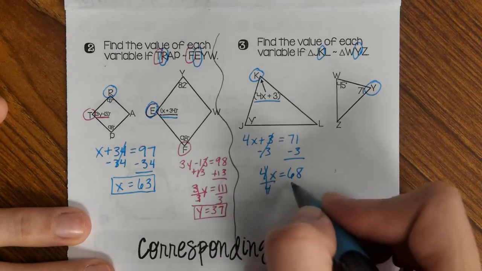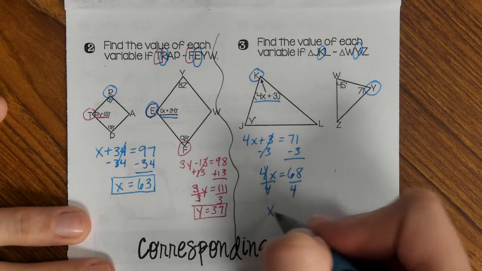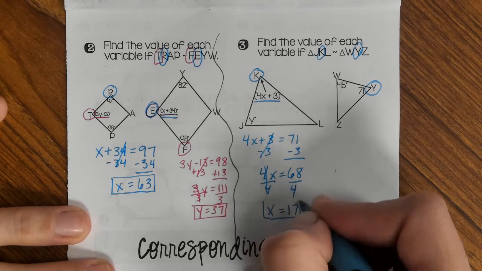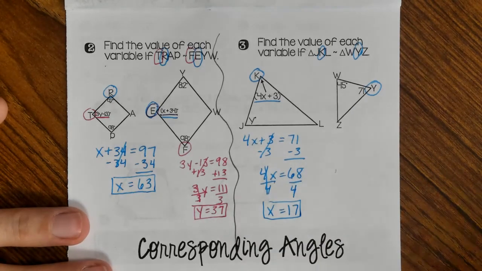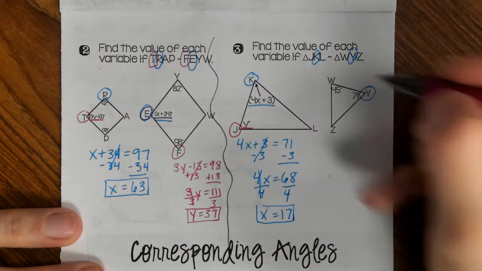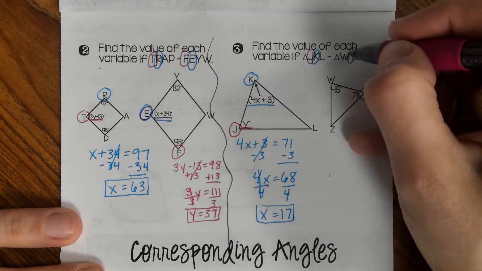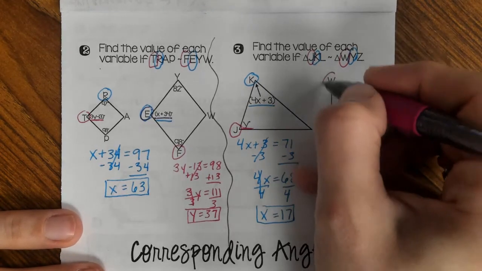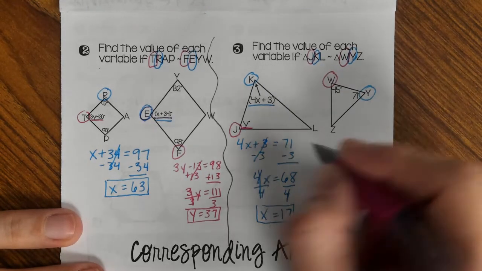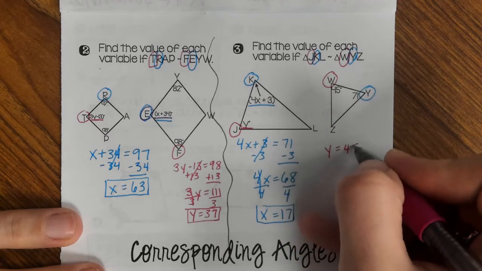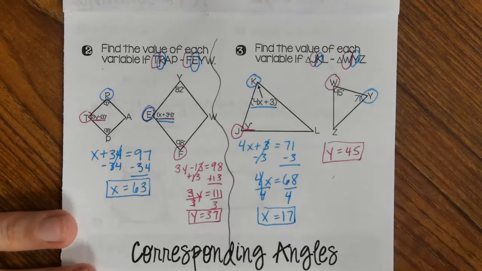And then divide, and get 17. The next one's very, very nice and easy. Y is associated with angle J. J corresponds, therefore is congruent to angle W, which is 45. So all it is, Y equals 45. Nice and easy.